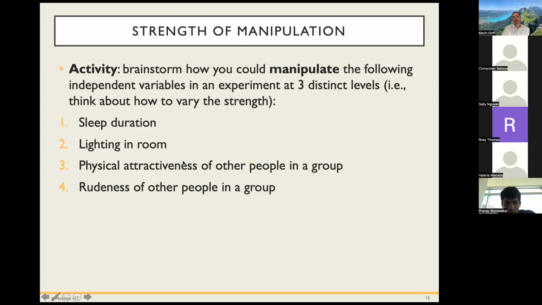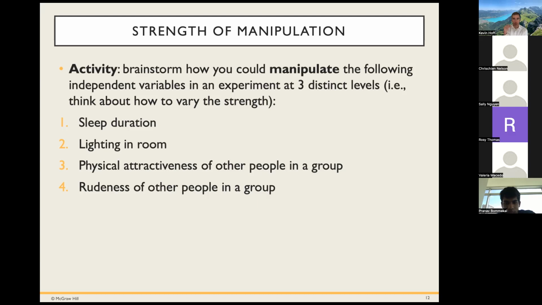There are other manipulations where we could manipulate the physical attractiveness of other people in a group, or the rudeness of other people. So you might think about the Asch conformity experiment, where they might want to know to what extent the physical attractiveness of other people in a room affects conformity.